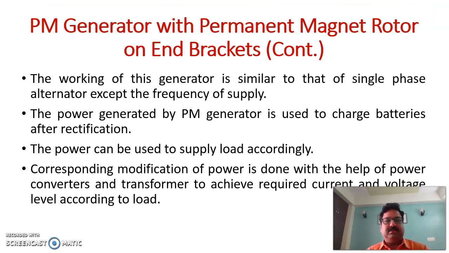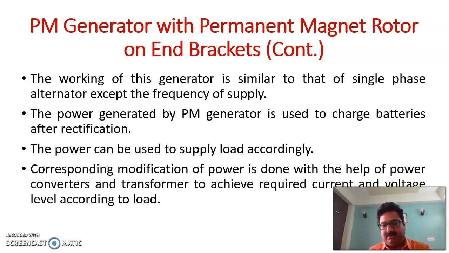The working of this generator is similar to that of a single phase generator, and it is used for charging batteries after rectification, which we have discussed in the construction part. And the power which is generated is modified according to the requirement to supply the load.